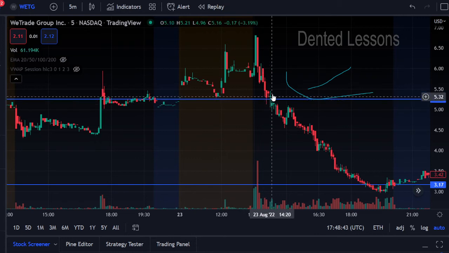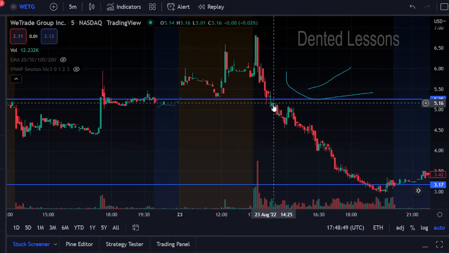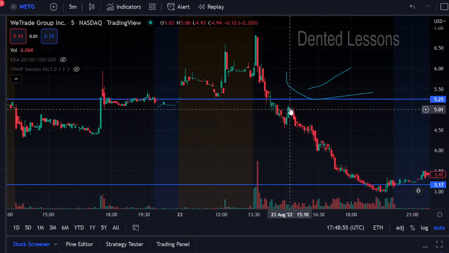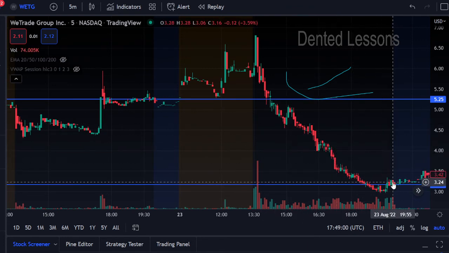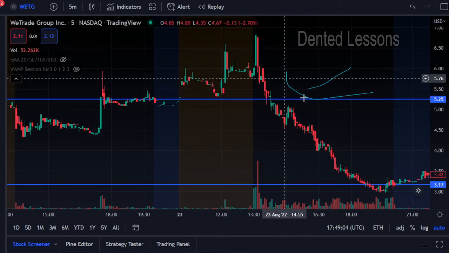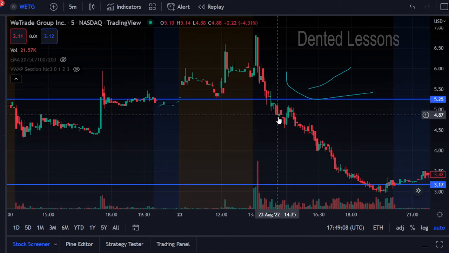You can see they stepped in, tried to hold this price above the previous daily close, and then you had the failure. You had the little bounce and kind of retest of this previous daily close area, secondary retest, and then your big fade.